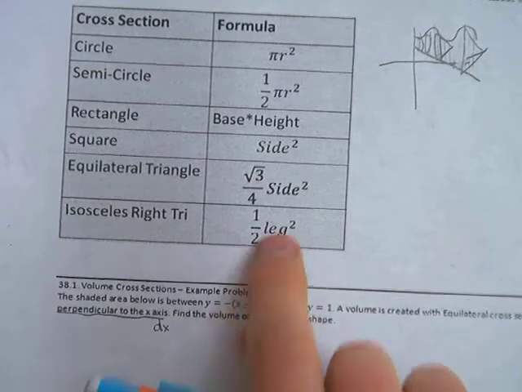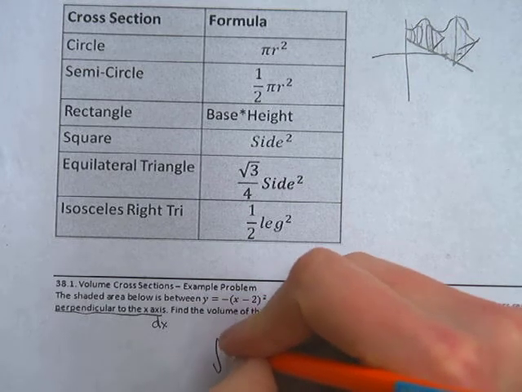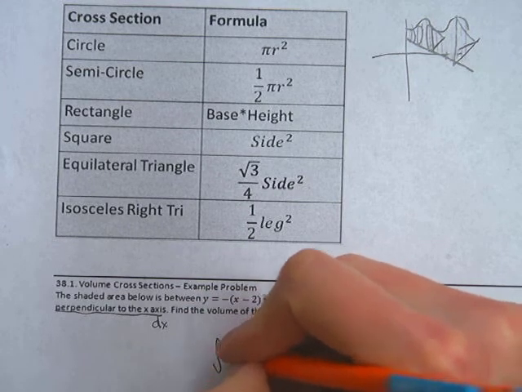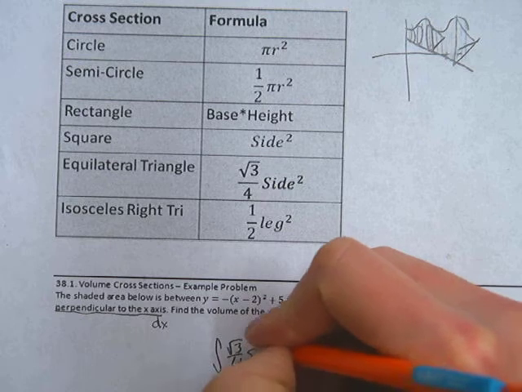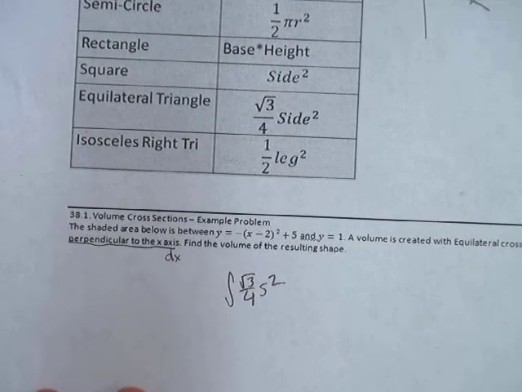So I'm going to grab the equation right away, root 3 over 4 side squared. We're integrating that thing. So our thing is going to look something like this.